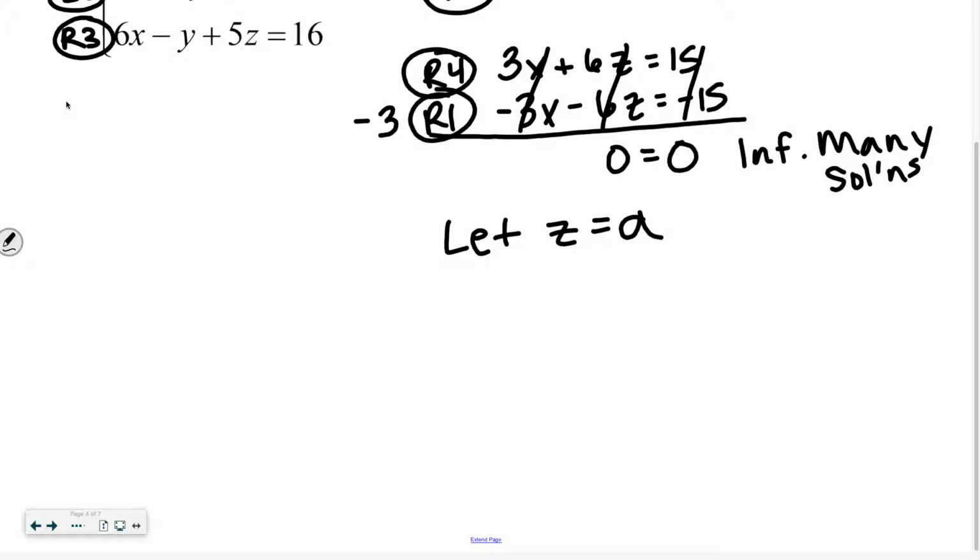So if you're trying to check your answer in the back of the book tonight, you need to let z equal a for the most part. There's one problem, I think, where it doesn't. But on your quizzes or tests, you can use any one to let it equal a. So it could be let y equal a, let z equal a, let x equal a. Okay, so that means in the ordered triple, z is a.